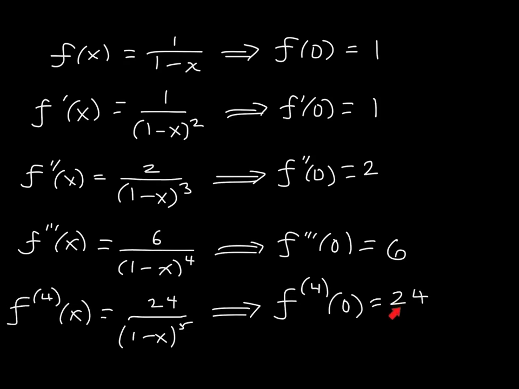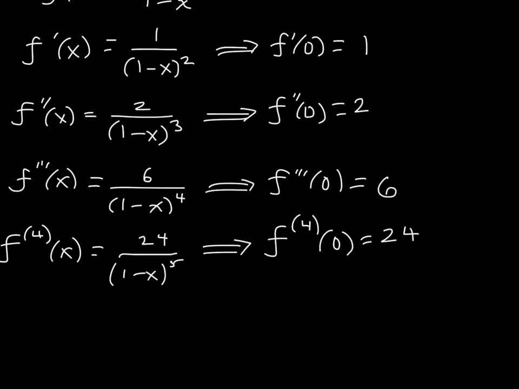Notice that 24 is 4 factorial. 4 factorial is equal to 4 times 3 times 2 times 1. That's equal to 24. This numerator is just 4 factorial. This numerator is just 3 factorial, right?